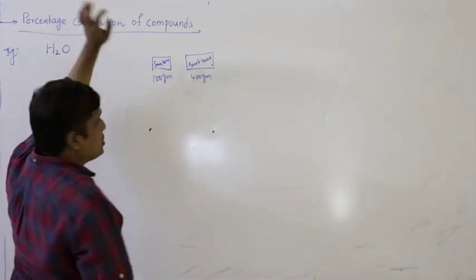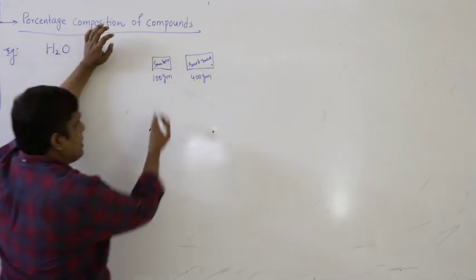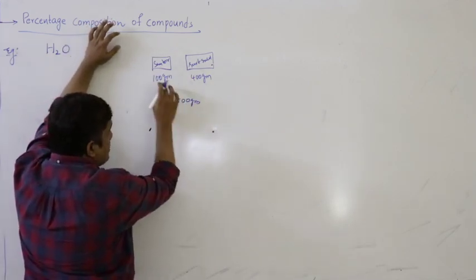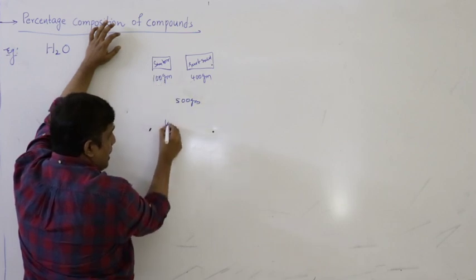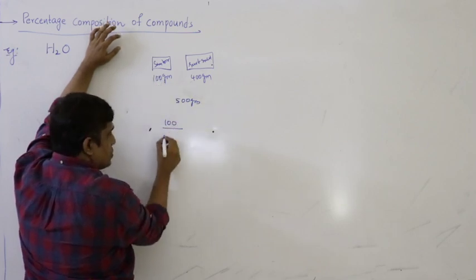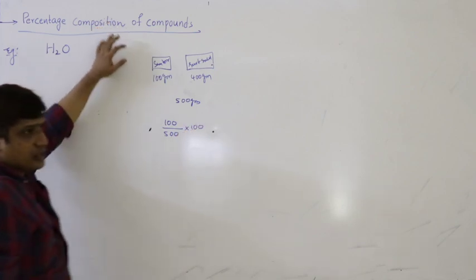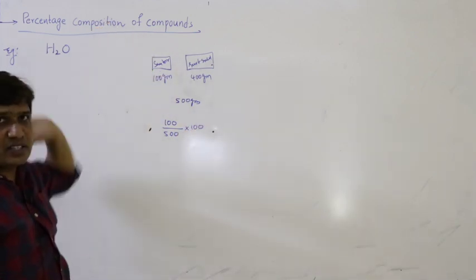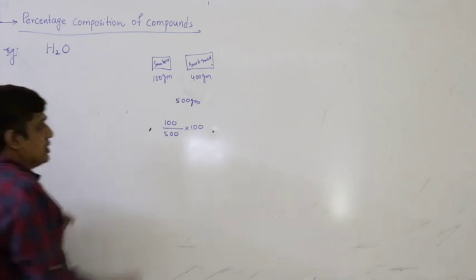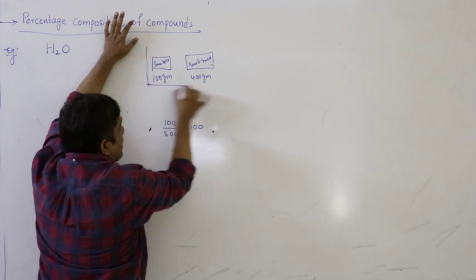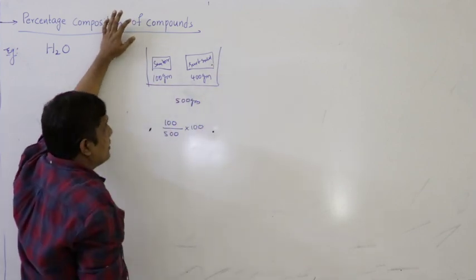What is the mass ratio of Santoor soap? What is the total weight? 500 grams. What is the mass ratio of Santoor? 100, mass of the Santoor soap into 500. Percentage, mass fraction. Out of total weight, what is its mass fraction? What is the percentage mass? Mass of Santoor soap by total mass in the bag, let us say.